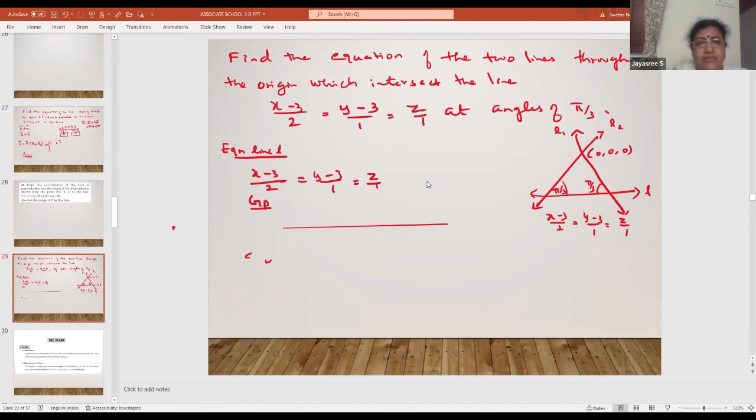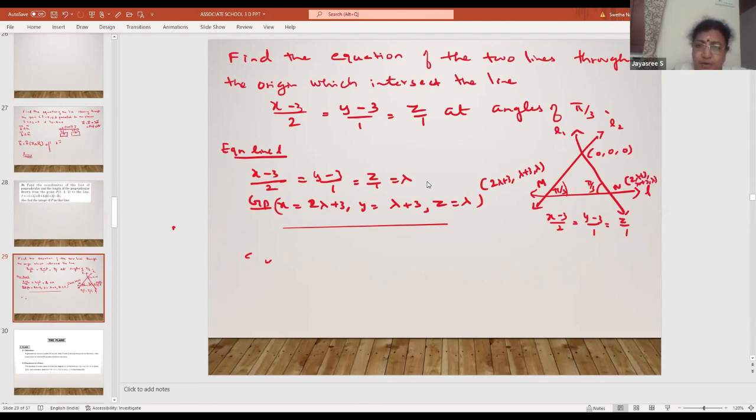So general point is x equals 2 lambda plus 3, y equals lambda plus 3, and z equals lambda. General point, we found it. After we find the general point, point M is also in the same way: 2 lambda plus 3, lambda plus 3 and lambda. Similarly, point N is also the same thing, general point: 2 lambda plus 3, lambda plus 3 and lambda.